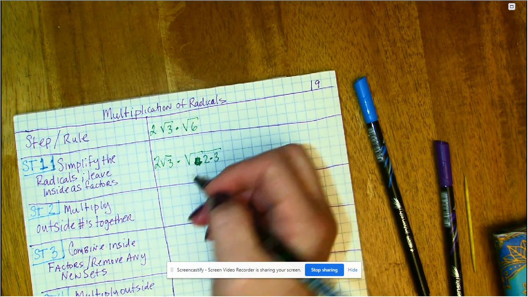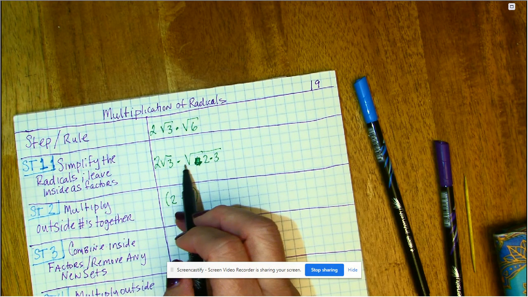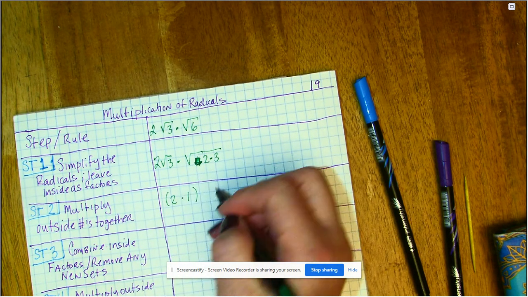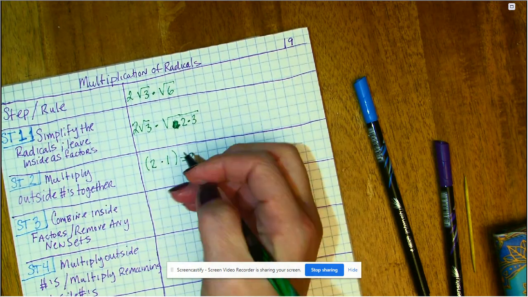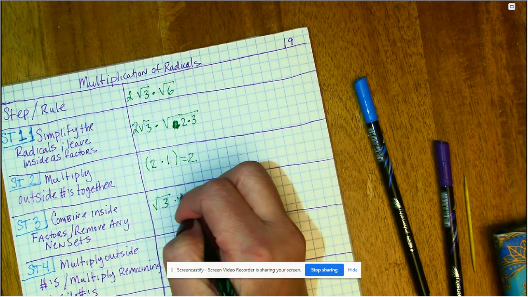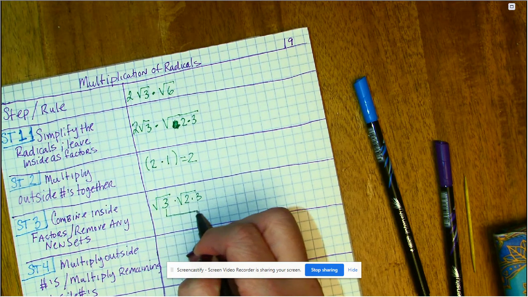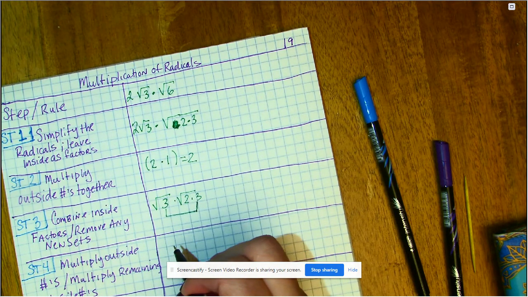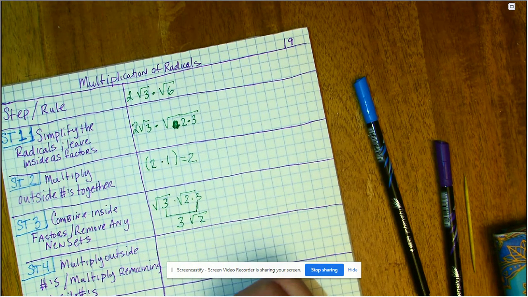Okay, now we want to multiply outside numbers. So 2 times 1, because remember, if we don't see a number in front of the radical, it's actually 1. And that's going to equal 2. Combine inside factors. So we have a radical 3, and then we have a radical 2 times 3. If I combine these, I'm going to have a new set of 3's that can come out, leaving me with 3 radical 2.